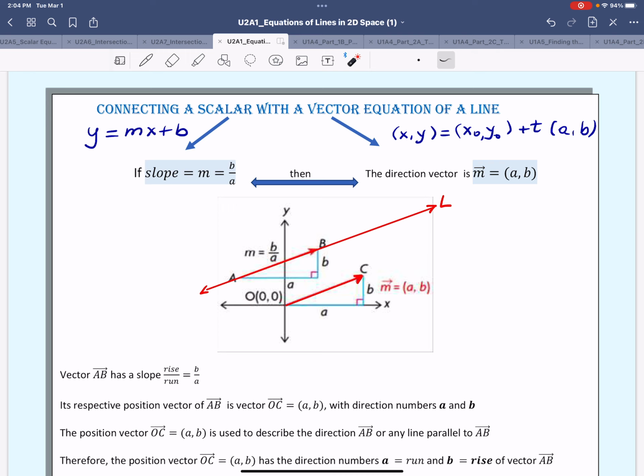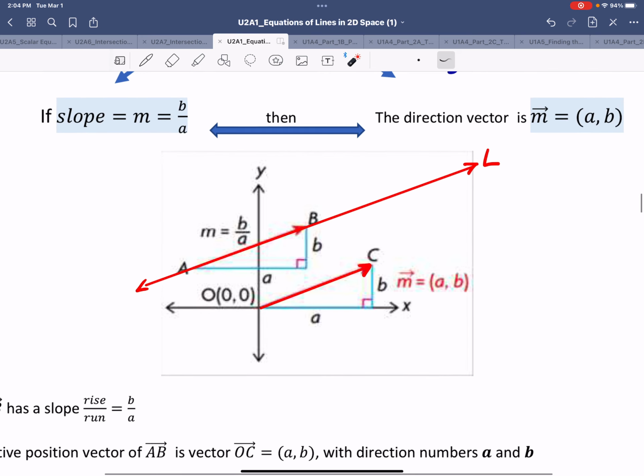If you want to determine the direction vector of this line L, then we can pick this vector here, (a, b), and transfer it with its tail at the origin of the Cartesian plane. That will form the vector OC. So vector OC will define the direction vector for the line L. If you look at the coordinates of point C, going from O to C is the same as going from A to B. So we must run a units horizontally, and we must rise b units vertically.